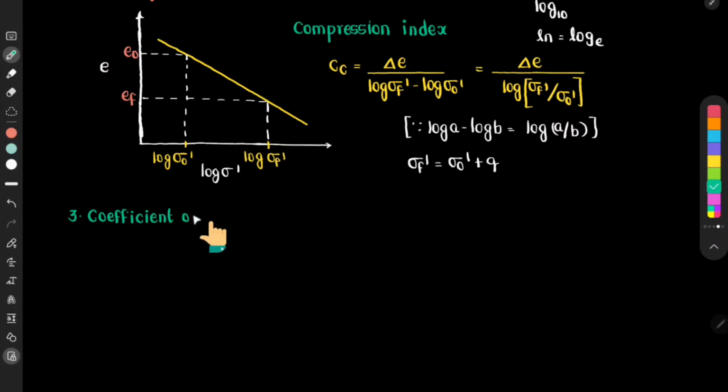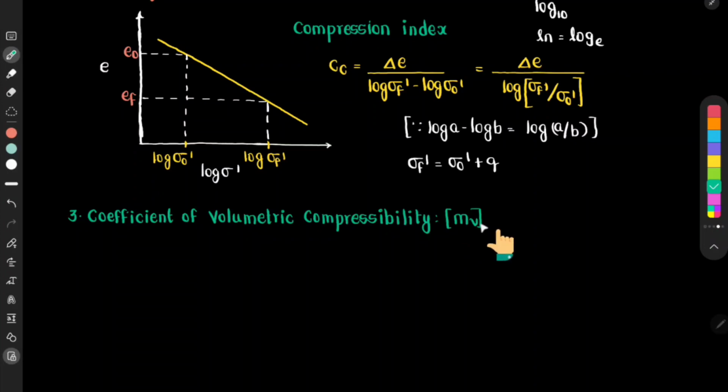Coefficient of volumetric compressibility is represented by m suffix v.